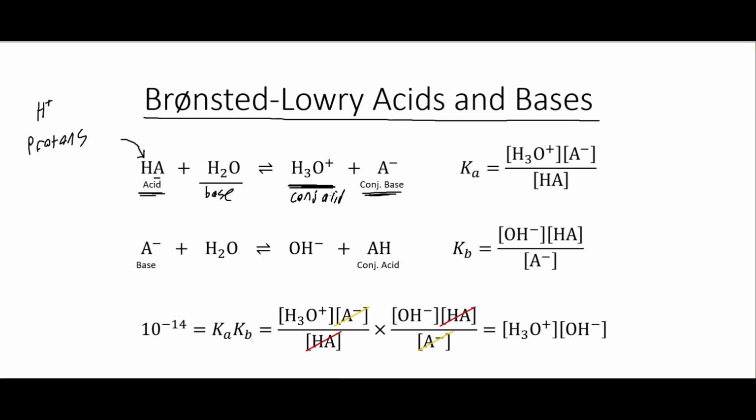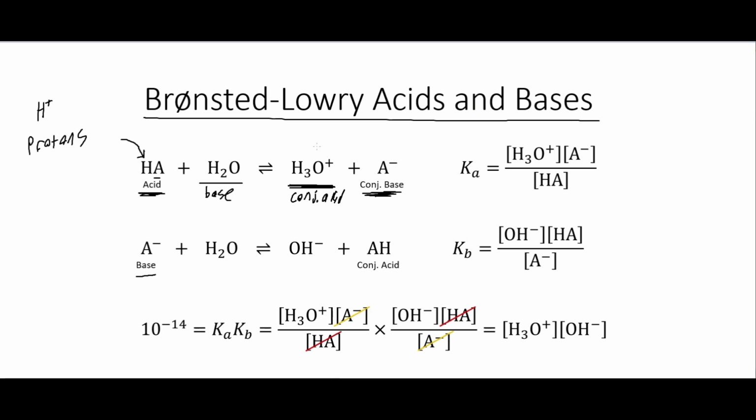One thing I noticed that my students seem to be confused about is that we call this the conjugate base, but only in this context, because down here that same thing could just be a base. When we are talking about this reaction, we are talking about the acid that's in the reactants and the conjugate base that's in the products.